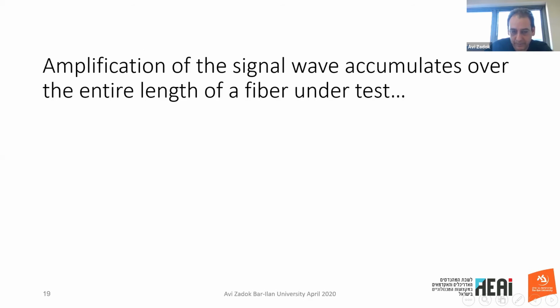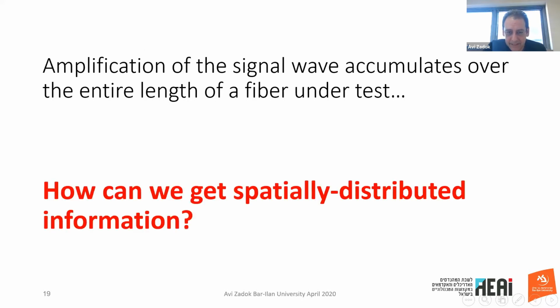Now what? So suppose we can measure such signal gain. The gain will accumulate over the entire length of the fiber that we're testing. This can be meters, hundreds of meters, kilometers, tens of kilometers, and this is all very nice, but in many sensors, we actually look to map out quantities as a function of position.